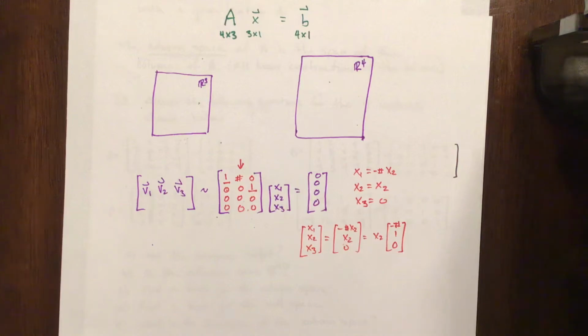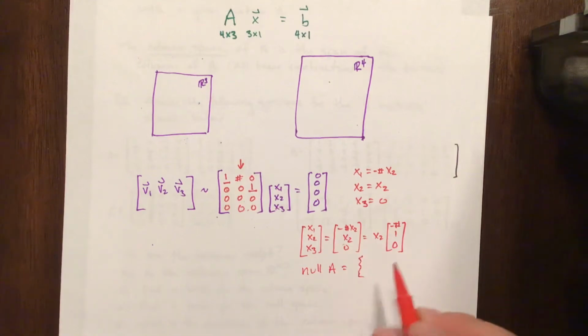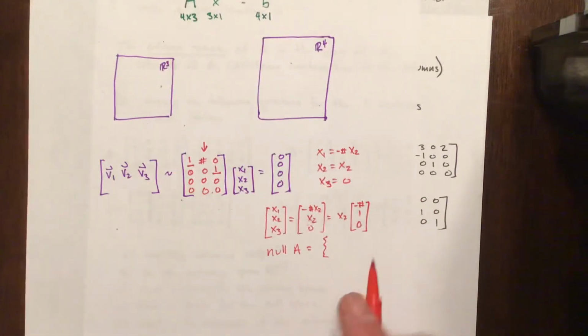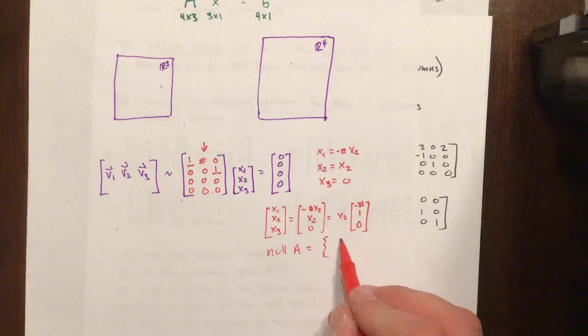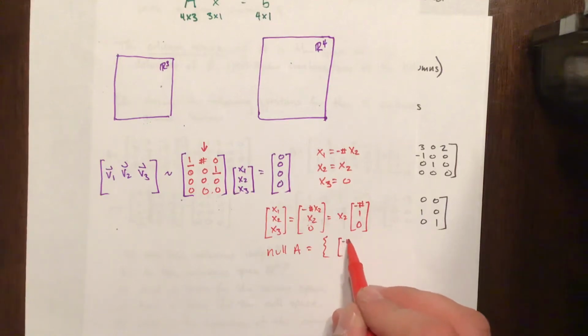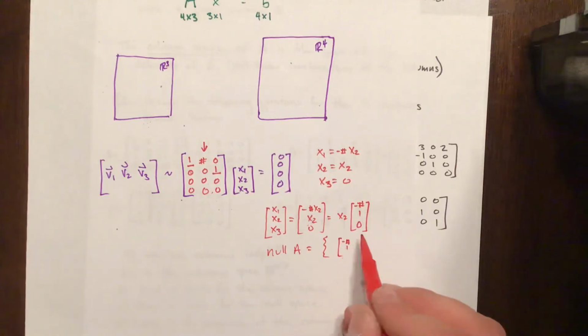Okay, so the null space of A is going to be the set of all linear combinations of the vector, well, whatever this is, negative number, 1, 0.